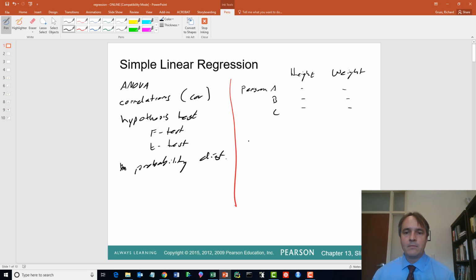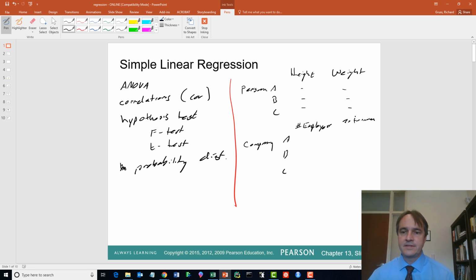Now, a more practical business kind of application would be something like, let's say we have company A, B, and C, and we have number of employees. That's one measure of size; there are a bunch of different measures of company size. And we could say percentage of turnover.